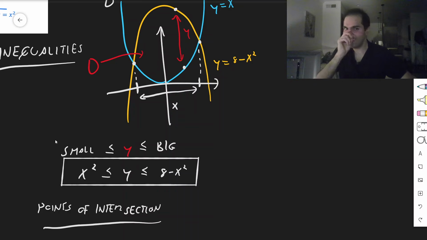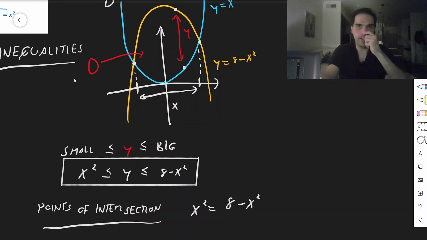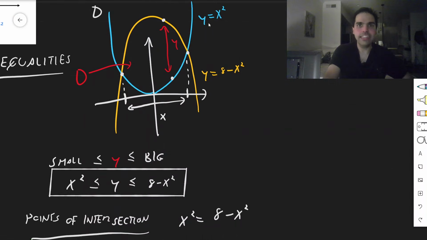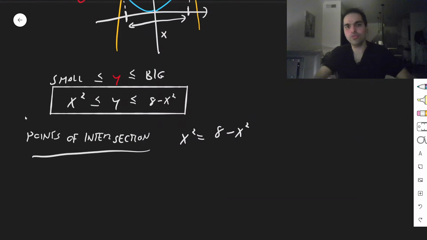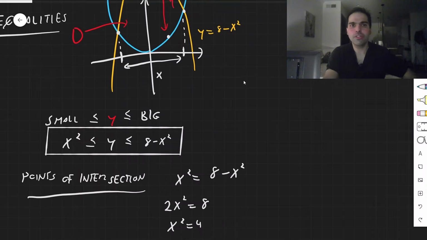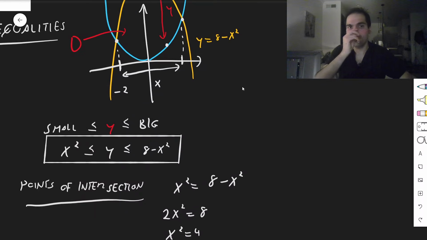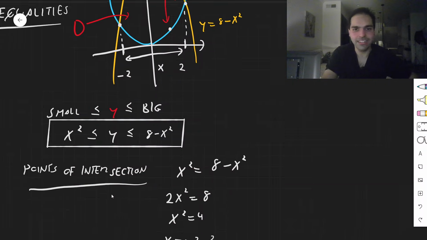So let's try to figure out when x squared equals 8 minus x squared. So let's figure out when this parabola intersects this parabola. And well, this is not too hard of an equation. We get 2x squared equals 8, so x squared equals 4. So x is minus 2 or 2. And in particular, notice here, the left point is minus 2. The right point is 2. So x is between minus 2 and 2.